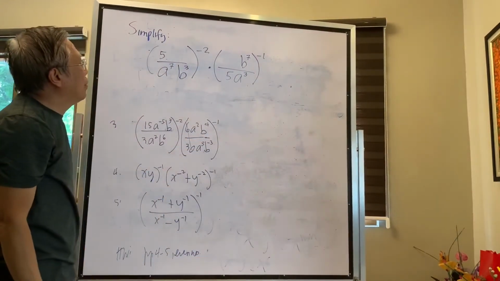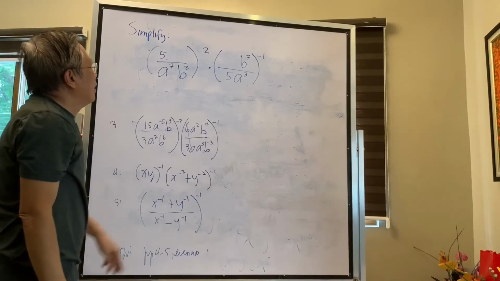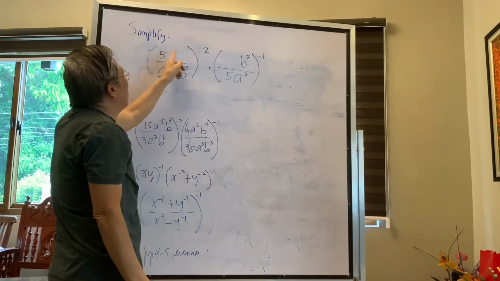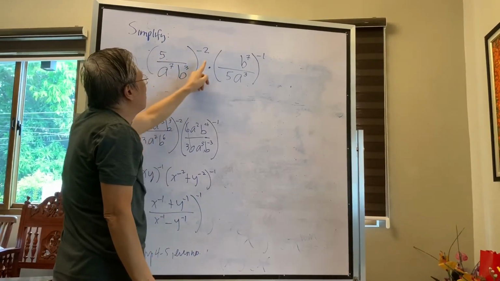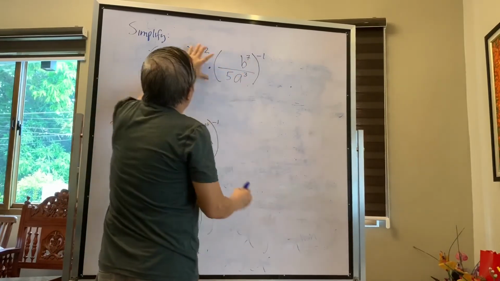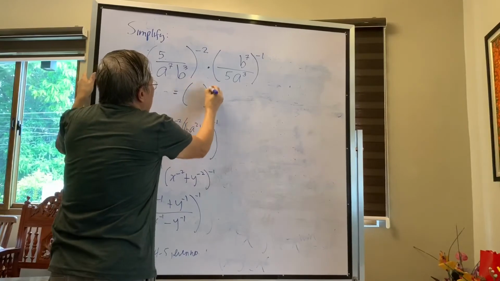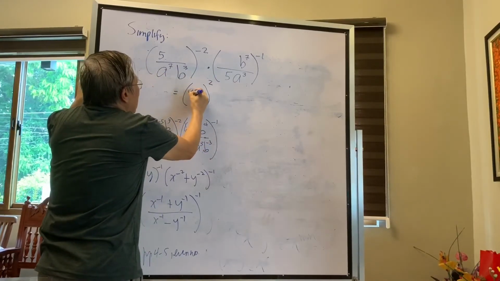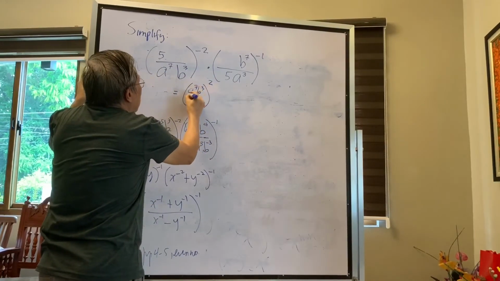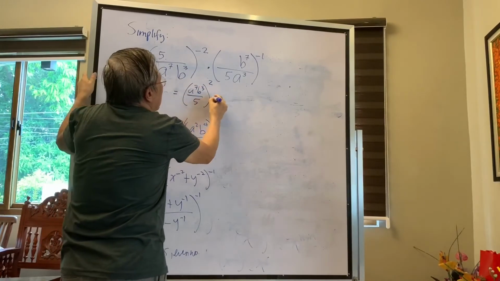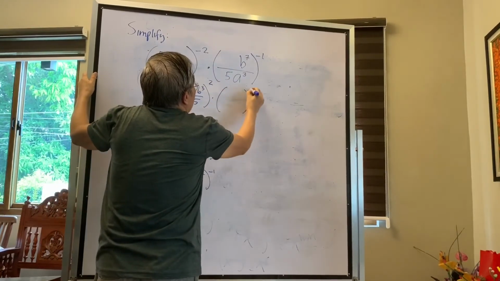Okay, so what do we have here? Instead of distributing this negative to this one here, we now have to use the theorem. So what does the theorem tell us? Make this one positive and invert this numerator. Okay, and then similarly, we will apply it here.